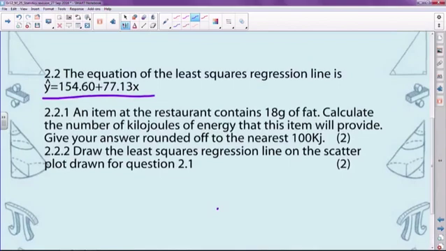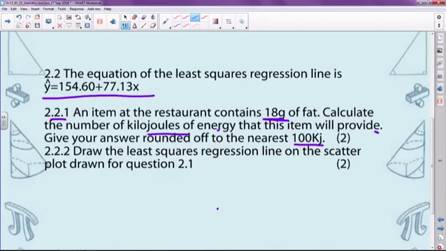The first part that's based on that question, 2.2.1, an item at the restaurant contains 18 grams of fat. Calculate the number of kilojoules of energy that this item will provide and give your answer rounded off to the nearest 100 kilojoules. So you've got to first understand what it is that they're asking you for. Obviously, you know that there's a relationship between the fat content and the energy released. They've now given you the amount of fat and they want you to estimate or to calculate what the amount of kilojoules released will be.